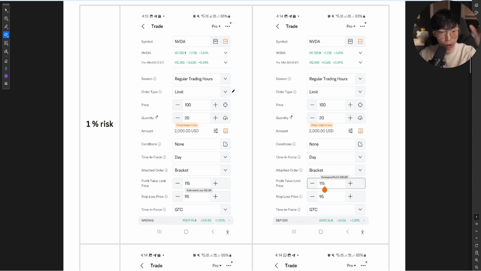It will give you all the breakdowns, how to use certain orders for different types of trading. Like for the session, you have regular trading hours, outside of regular trading hours, pre-market sessions, and also 24-hour trading sessions. All that it will explain to you.